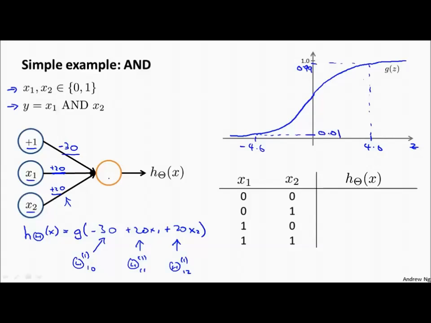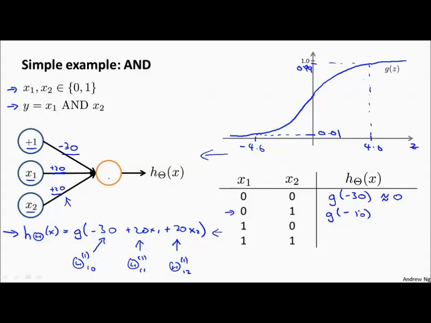Let's look at the four possible input values for x1 and x2 and look at what our hypothesis will output in each case. If x1 and x2 are both equal to 0, then the hypothesis will output g of negative 30. So it's going to be very far to the left of this diagram, so it'll be very close to 0. If x1 equals 0 and x2 equals 1, then this formula evaluates to the sigmoid function applied to minus 10.